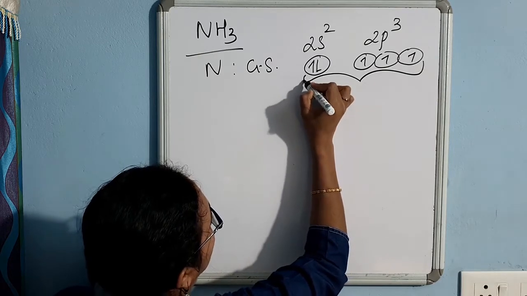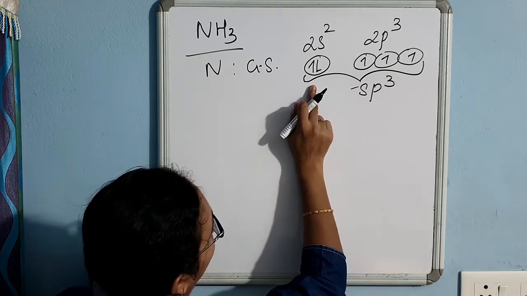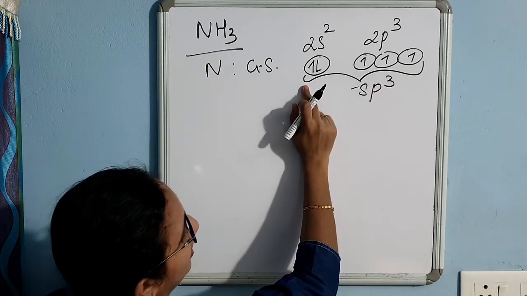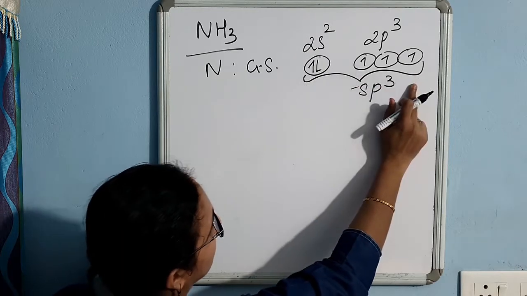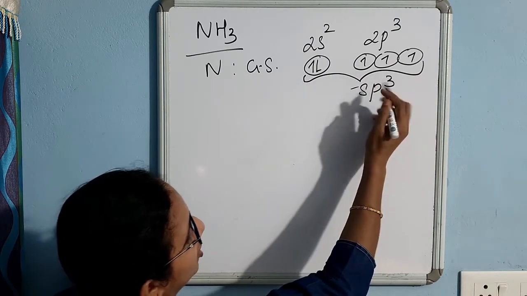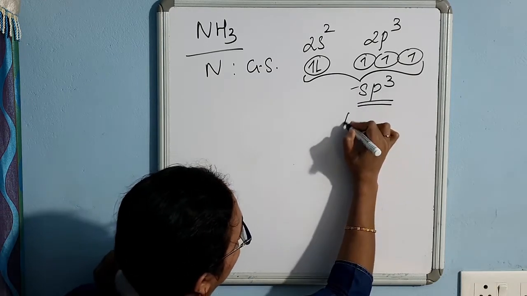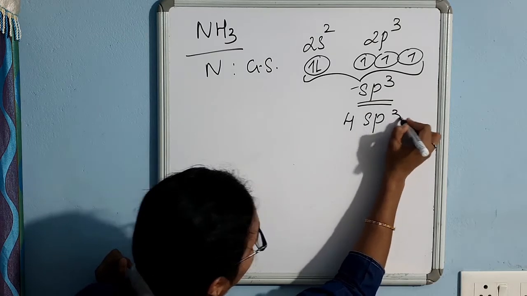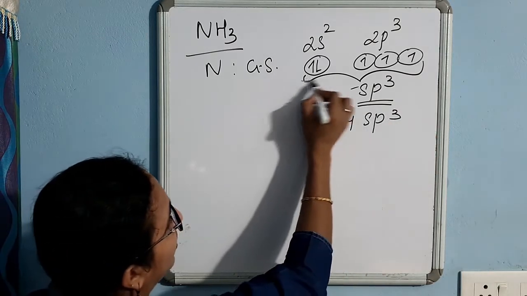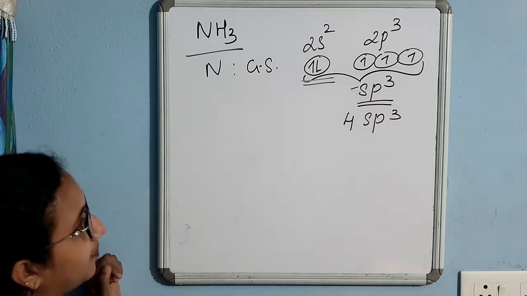The valence shell contains 2s2 and 2p3. So the s orbital and the 3 p orbitals undergo hybridization to give sp3 hybrid orbitals. We know sp3 means we have 4 sp3 hybrid orbitals. Out of the 4 hybrid orbitals, one contains a lone pair and the others are half filled.